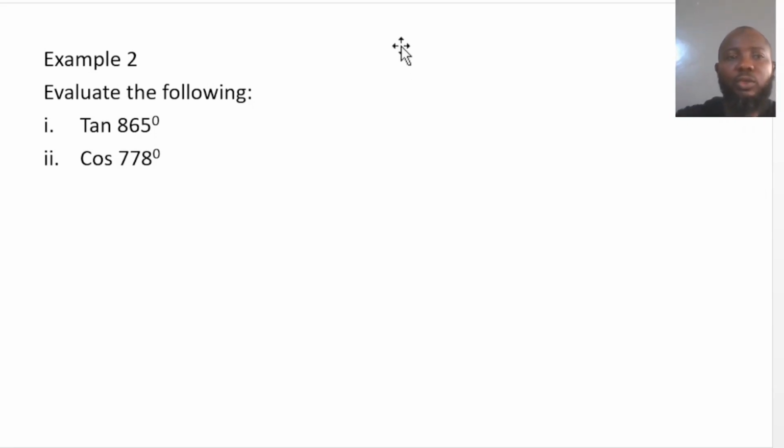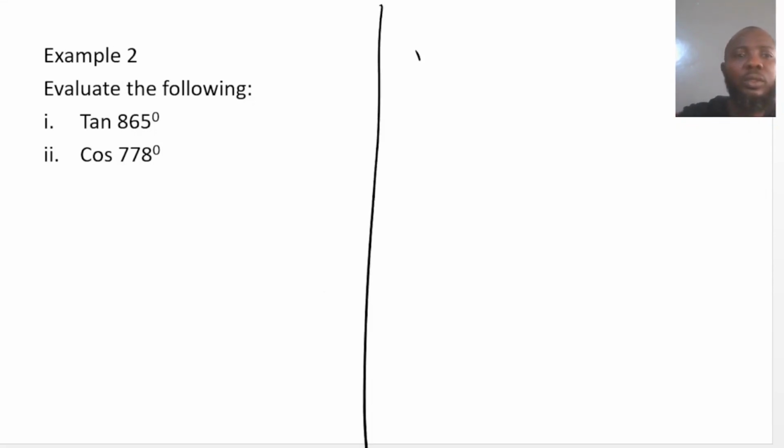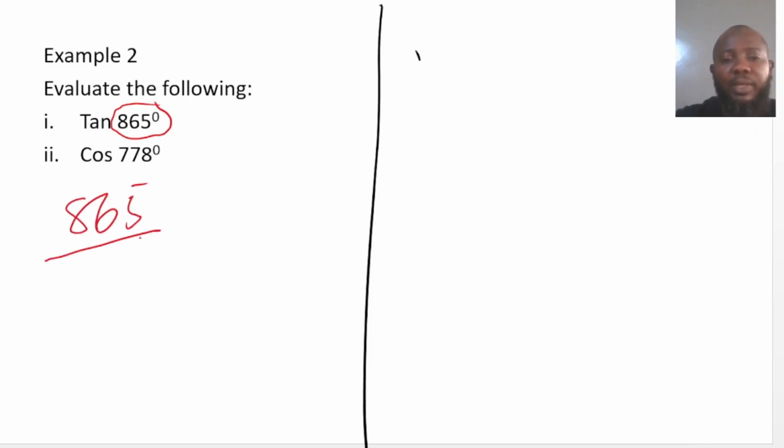The first thing you're going to do is to see which quadrant this 865 falls in. So we're going to say 865 divided by 360. We get 2.40 and so on.